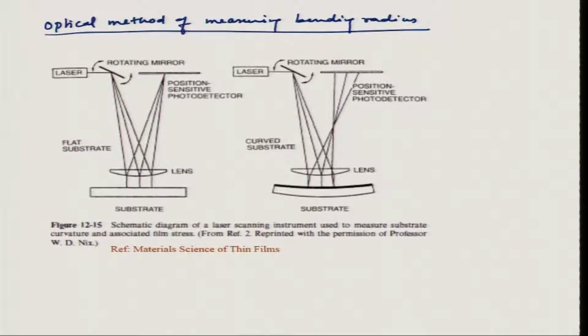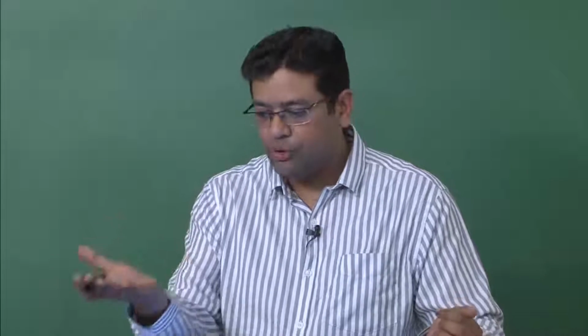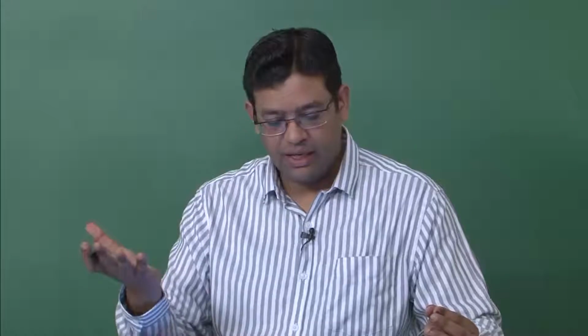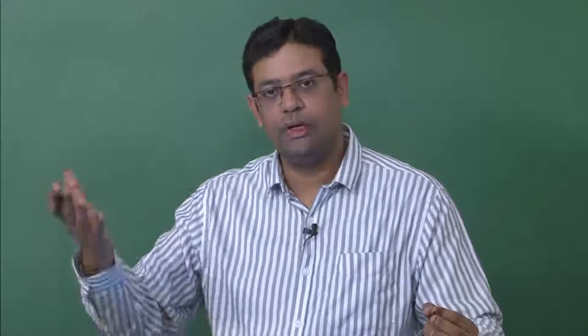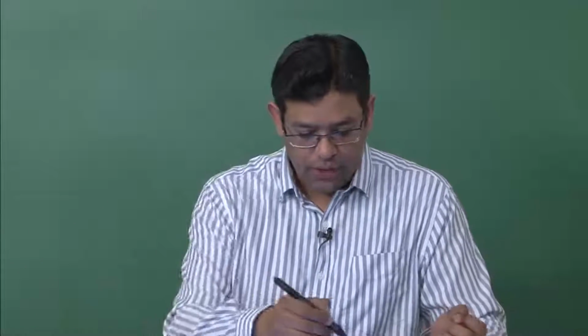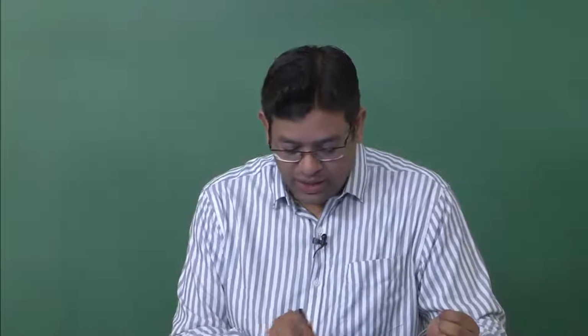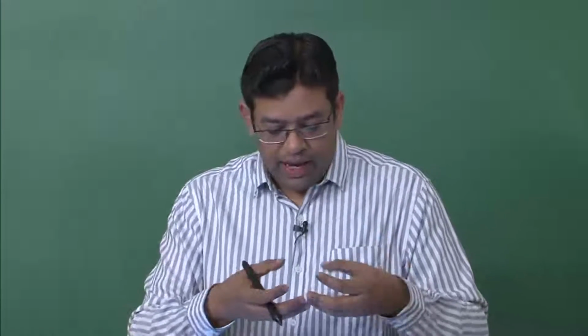So what you use is a laser, and you have to first use the flat surface, and you need to know the stresses of the substrate before you deposit your thin film. So you use the substrate and check if there is any bending in the substrate.